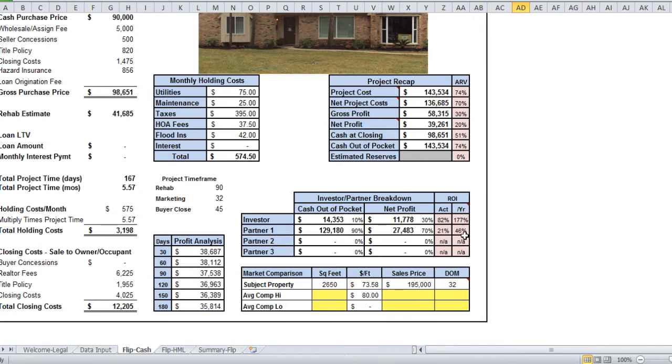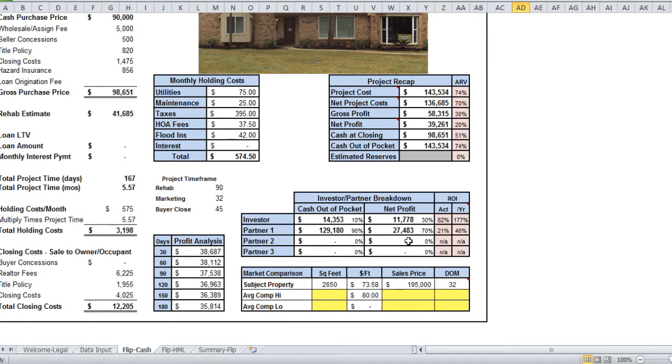So what this says is, if you did this deal multiple times during the course of the year based on the project time, what would your annualized return be if you were taking that cash and getting this return, in this case, every 5.57 months? Well, your partner would be getting an annualized return of 46%, and in your case, you would be getting an annualized return of 177%.